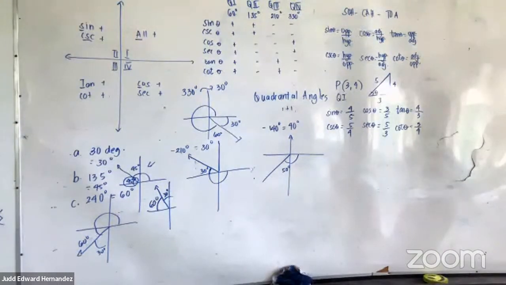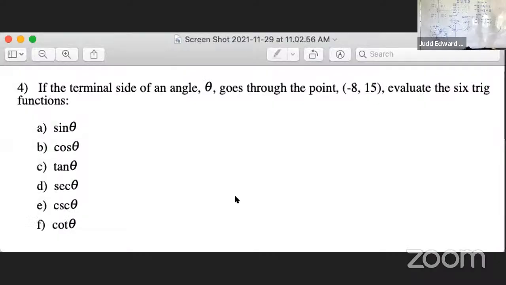Let's see if you got it. Kindly answer: if the terminal side of an angle theta goes through the point (-8, +15), evaluate the 6 trigonometric functions. I'll be giving you 5 minutes.